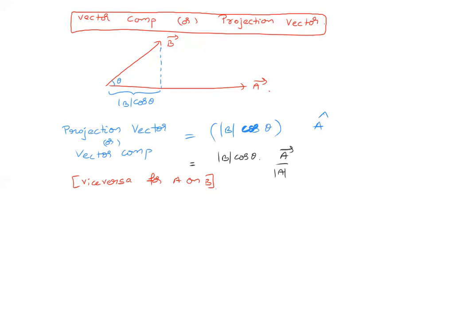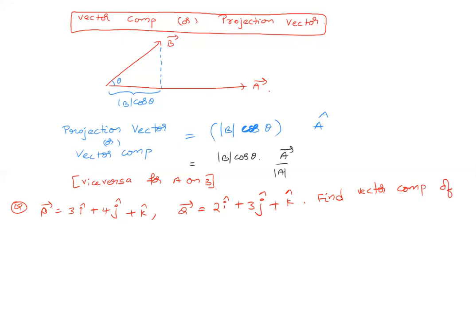Now as an example, if p bar is 3i cap plus 4j cap plus k cap and q bar is 2i cap plus 3j cap plus k cap, find the vector component of P on Q. How you will do this: if this is P bar and this is Q bar, your vector component of P on Q is mod P cos theta times the direction of Q bar.